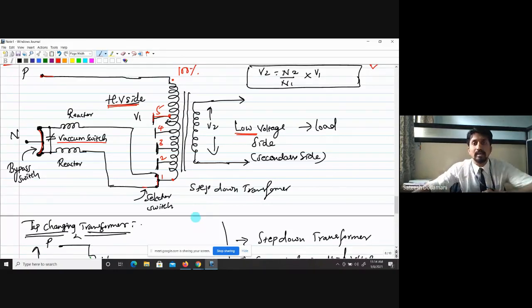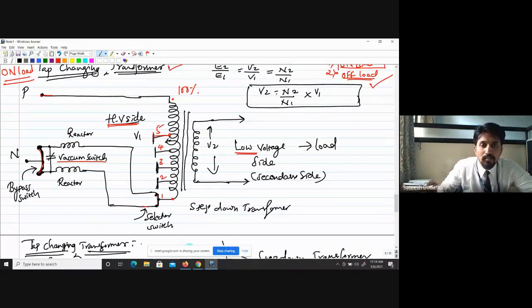For example, now, if you want to move this selector switch from the first tapping to the second tapping, then how to move? At that time the bypass switch is there. This bypass switch is connected at these 2 points.